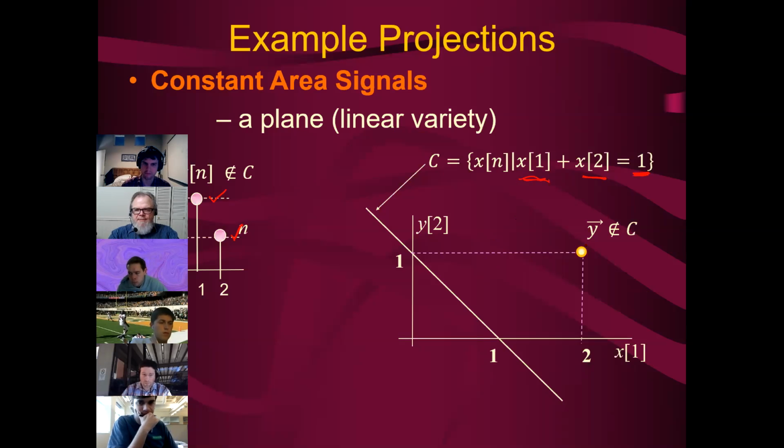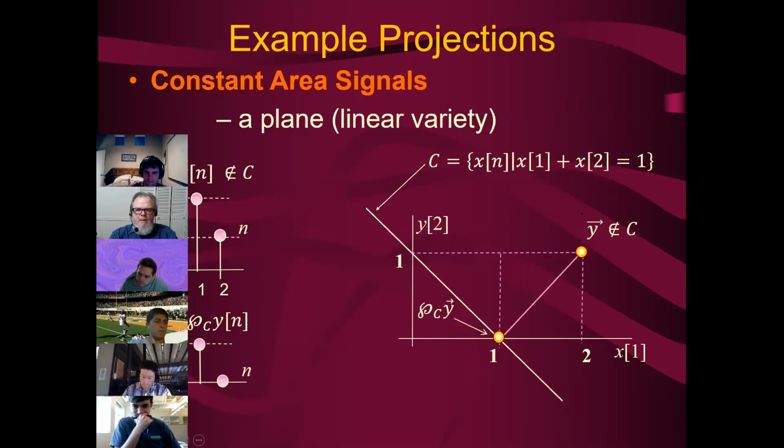Well, here's the situation. Here is the point which is external to the convex set. Which point in the plane is closest? It's clearly going to be that point, but how do we get from this point to this point? We do it by something interesting. Notice that from getting to this point, since this is a 45-degree line, we have to subtract off the same amount in x1 as we do in x2.